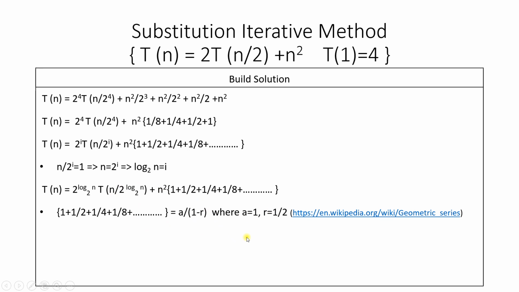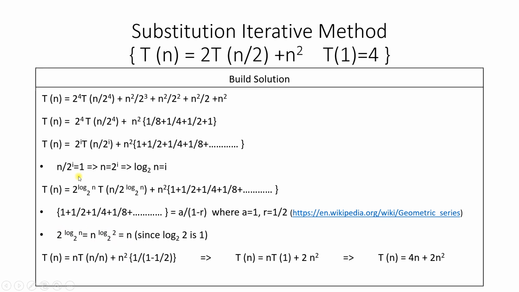Okay, so we now know how to reduce this equation. Another thing, 2 to the power log base 2 n, when we solve it we can get n, right? So we replace this 2 to the power log base 2 n with n, as you can see from this solution how it can be replaced, right?